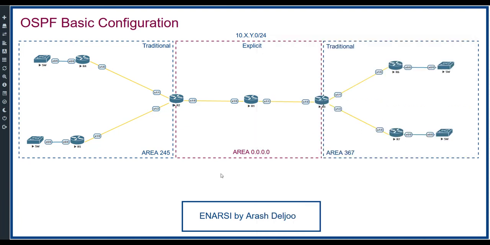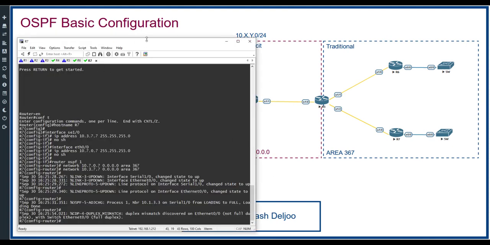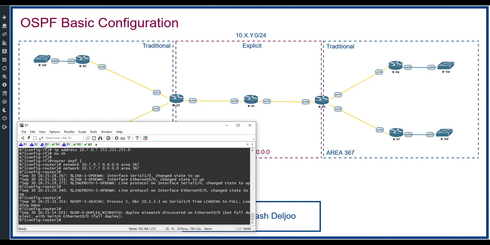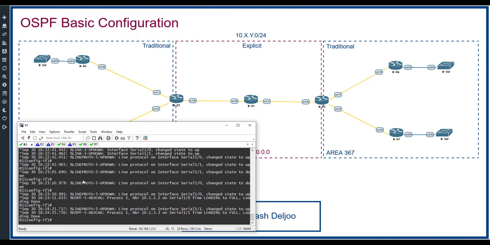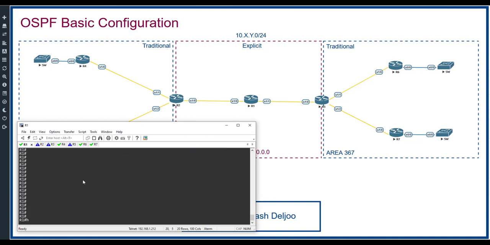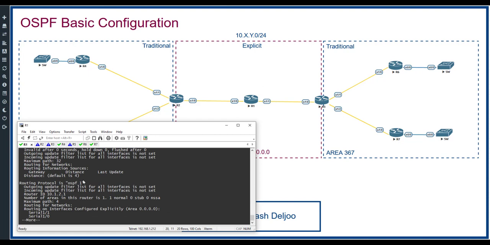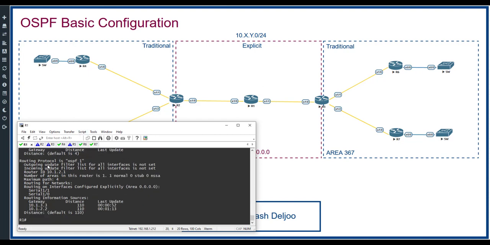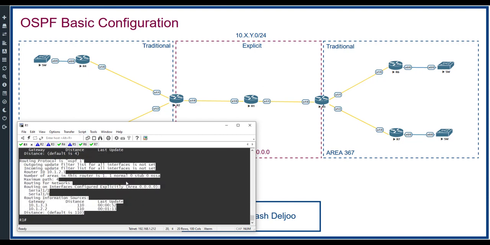For example, we can use one of these routers, R1. In R1, okay, CLI, this is the R1 CLI. Let me show you. Here we have the R1 CLI. I'm going to use show ip protocols. As you can see, here we have a lot of information about OSPF from here to here.